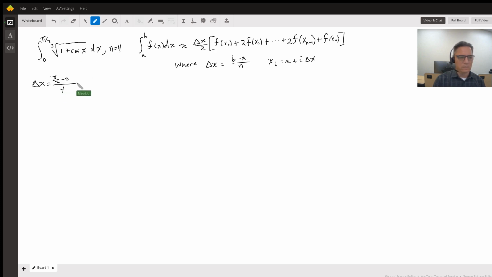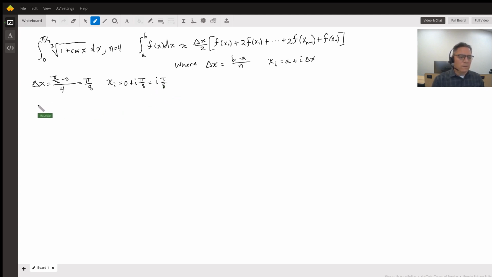Pi over 2 minus 0 is pi over 2, divided by 4 is pi over 8. Moreover, x sub i is a, which is 0, plus i delta x. And delta x we just found to be pi over 8. In other words, x sub i is i times pi over 8.